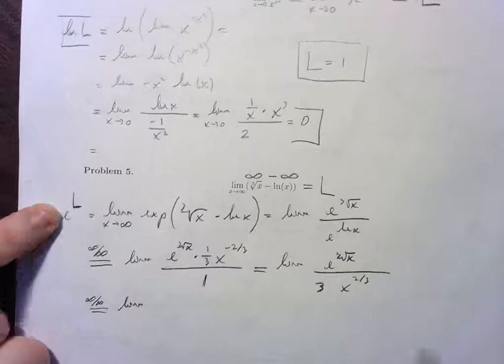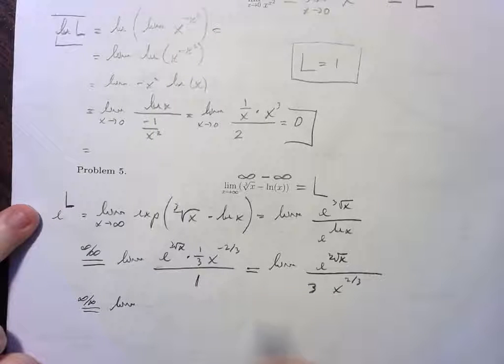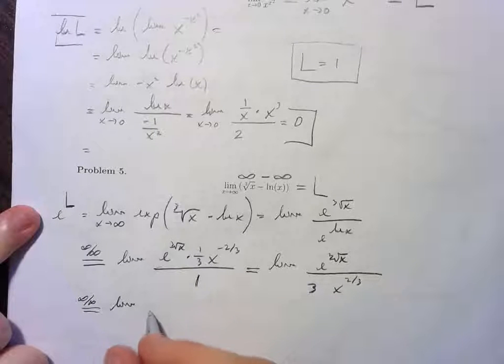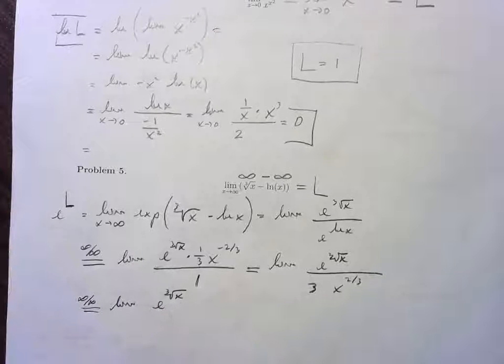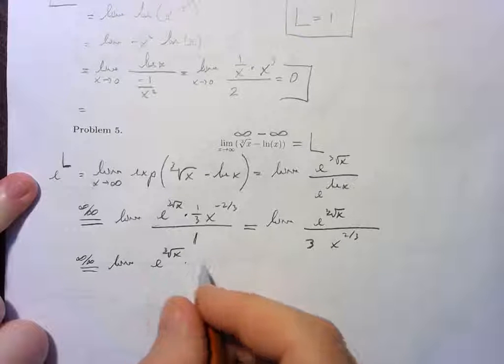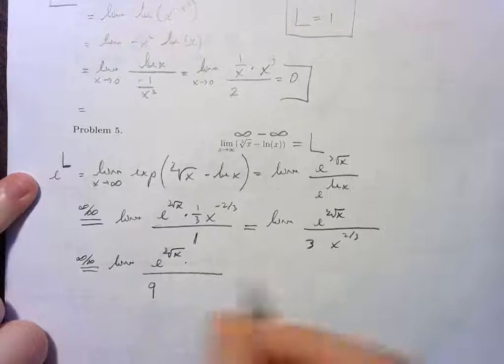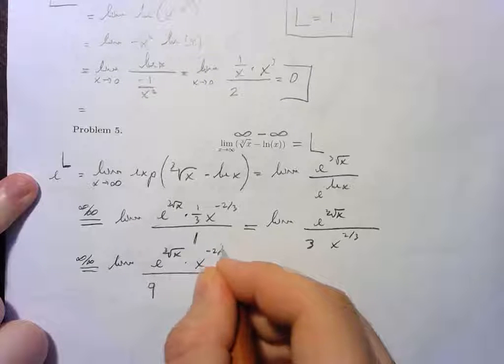This is the limit of, let's see, what do we have? Again, I have to take another derivative on top. It's the same one as before. It's e to the cubic root of x times 1/3. So I'm just going to put a 9 in the bottom, right, with this extra 3. X to the minus 2/3.